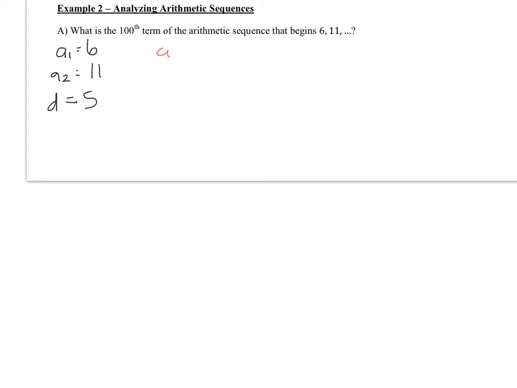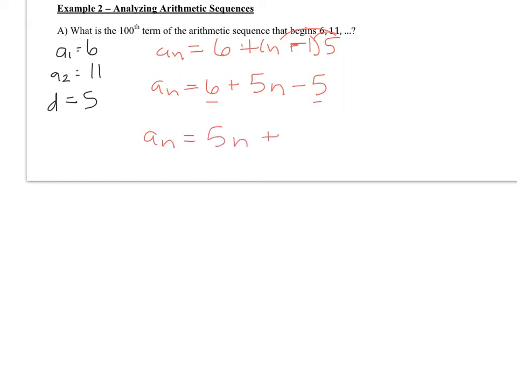So a sub n is equal to whatever I start out with, your first term, and then adding n minus 1, and then a 5, because my d is 5. So a sub n is equal to 6 plus, distribute that 5 to both of them, 5n, subtract 5, and these two are like terms, so a sub n is equal to 5n plus 1.